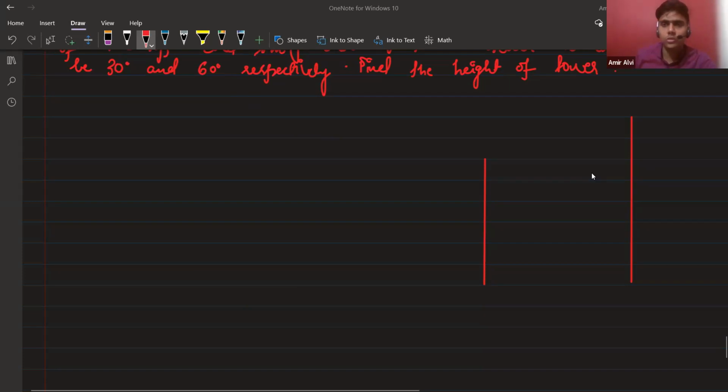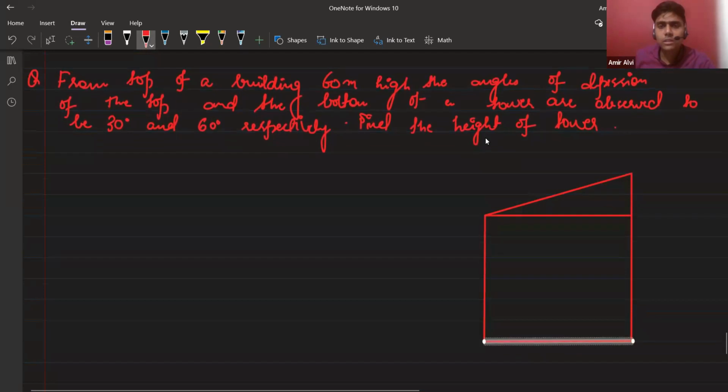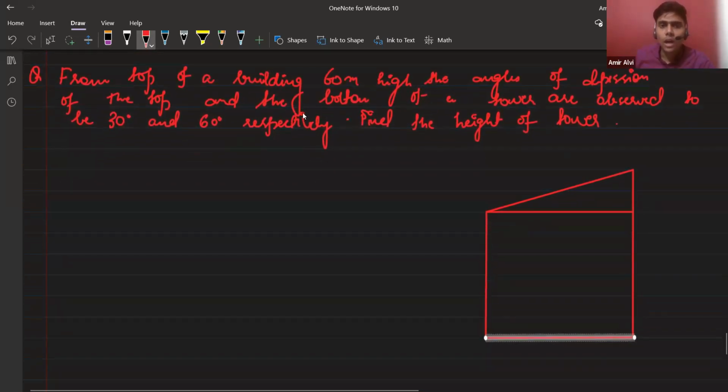So let's take, just join the lines here. It will be like this. It's here, and it's here. The question is basically saying that from the top of a building, the angle of depression to the top and the bottom of a tower are observed to be 30 and 60.